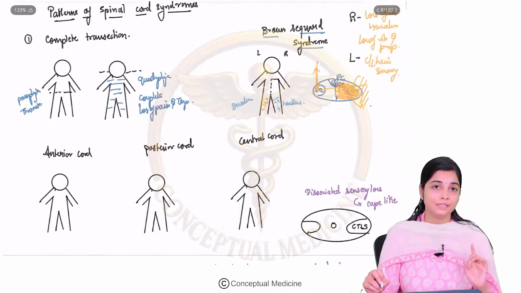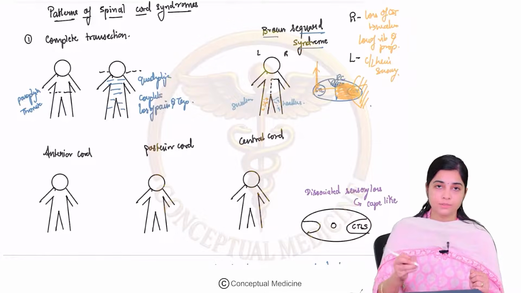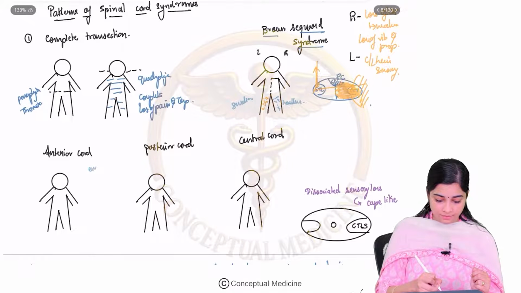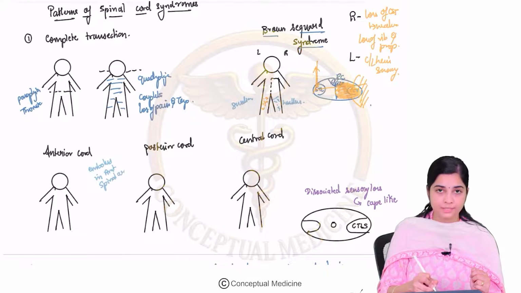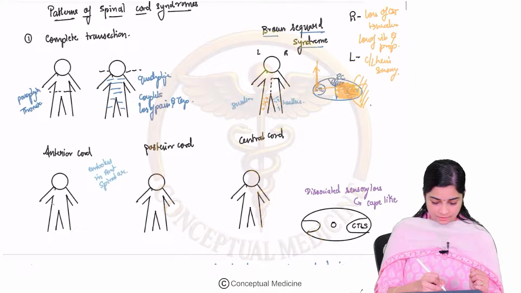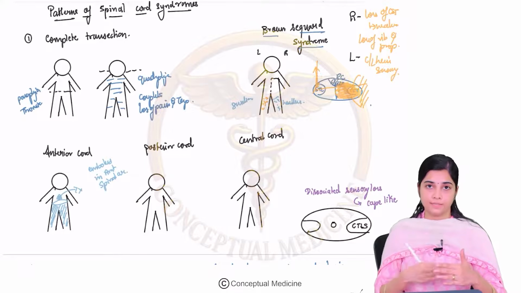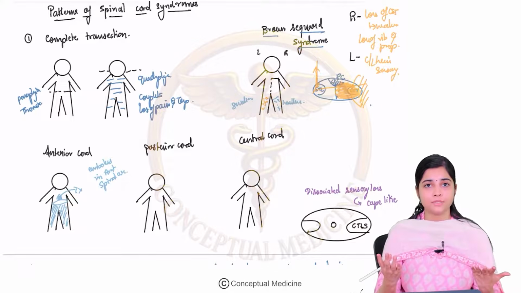Then anterior cord syndrome. Where will you get anterior cord syndrome? For example, if there is an embolus in the anterior spinal artery, then your anterior 2/3 of the spinal cord will be affected, but the posterior 1/3 will not be affected. Posterior 1/3 is supplied by the posterior spinal artery.